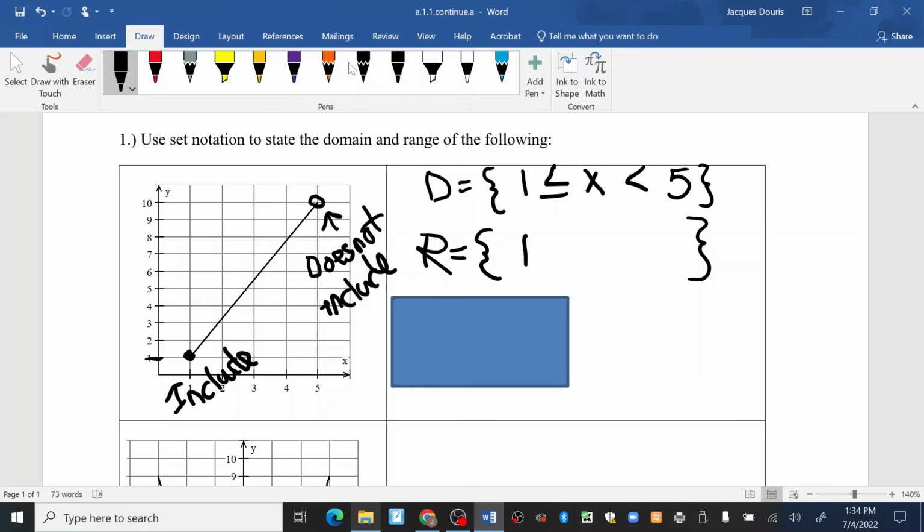My highest y value is 10, but it doesn't include 10. We're talking about y. So 1 is less than or equal to y, and y is less than 10. When it's an open circle, it doesn't include that point 5 across, 10 up, but it would include the point 4.99999 across and 9.99999 up. So that's how we try to describe that.